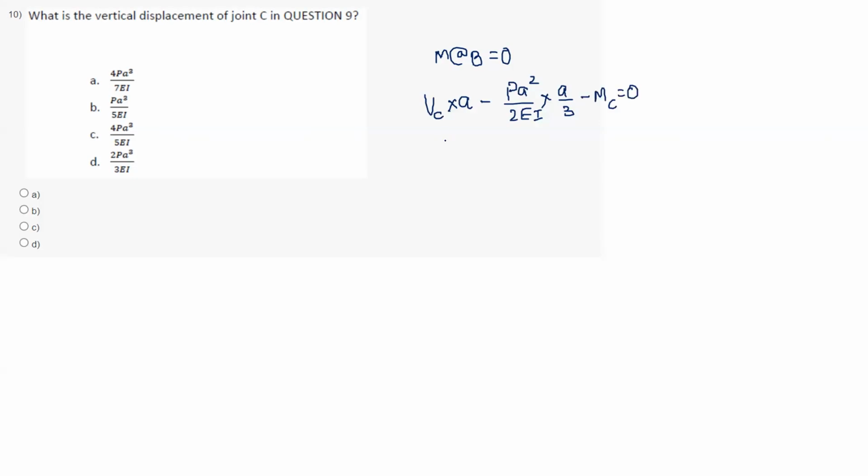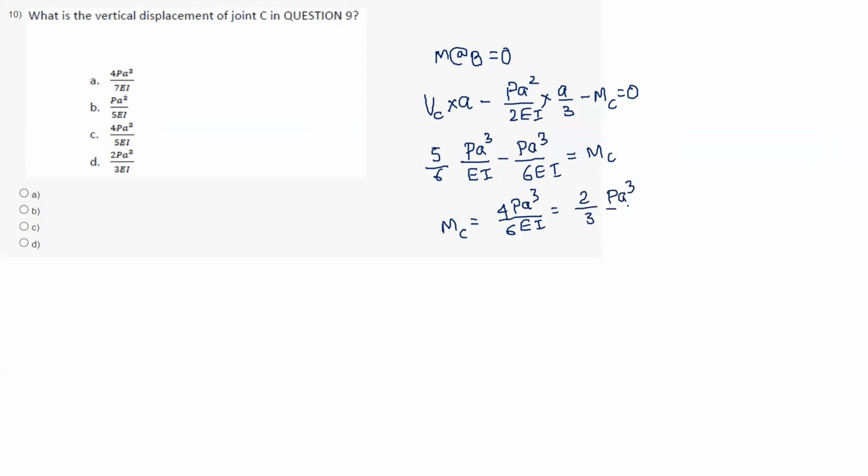What is the value of VC? 5 by 6 PA cube upon EI minus PA cube upon 6EI, and that will be the value of MC. Now the denominator is the same, so MC we get as 4 PA cube upon 6EI, and this becomes 2 by 3 PA cube upon EI.